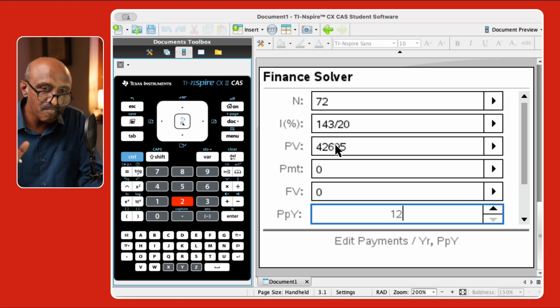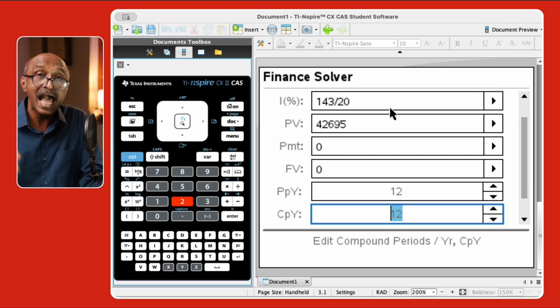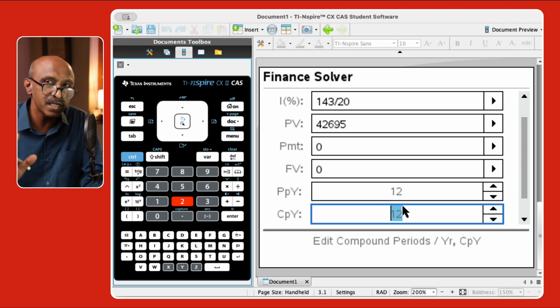And the calculator automatically recognizes that because the interest is compounded monthly. So this is CPY, meaning compounding periods. But there's another reason why both are 12, and maybe I should make a video some other day explaining what happens when they're not equal.